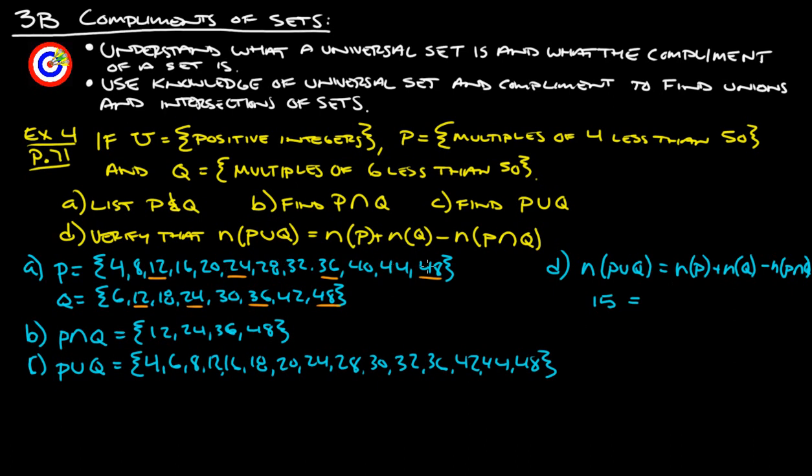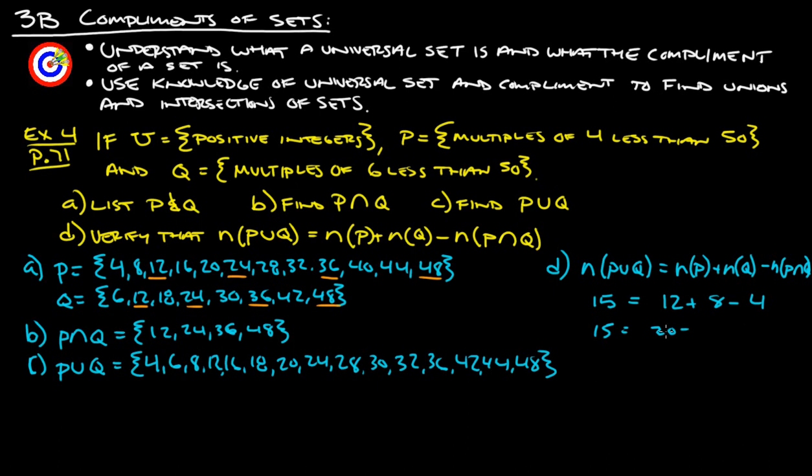Number of elements in P, 1, 2, 3, 4, 5, 6, 7, 8, 9, 10, 11, 12, equals 12. And then the number in Q, 1, 2, 3, 4, 5, 6, 7, 8, minus P intersect Q, so that's 1, 2, 3, 4. Right? And so 15 equals 20, what did I just count? Because that does not work out.